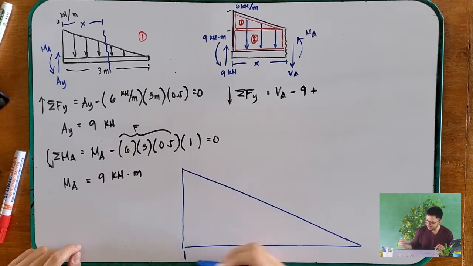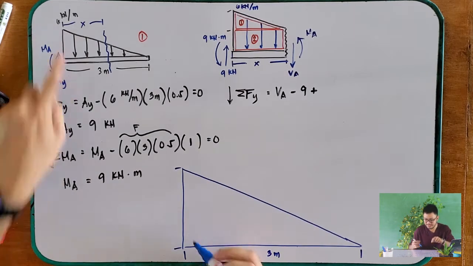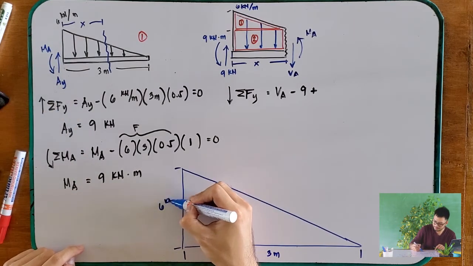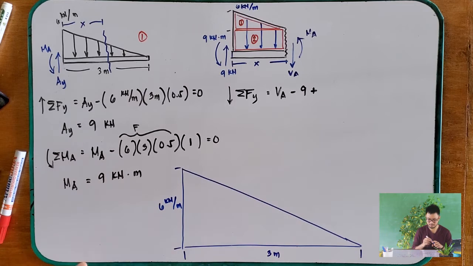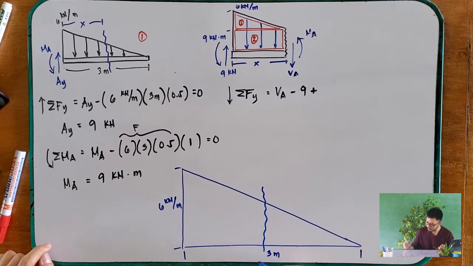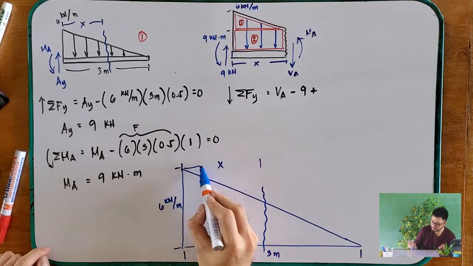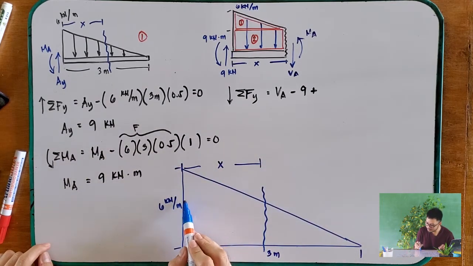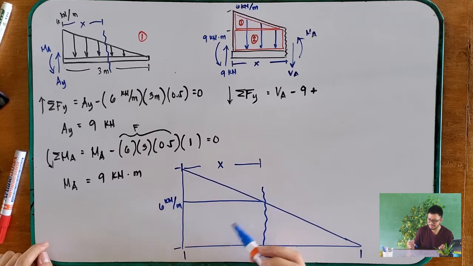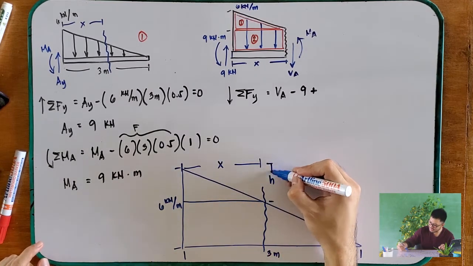And we know that the length of this triangle is 3 meters. And the height of this triangle is 6 kilonewton per meter. But since we cut it right here, and then we give this distance as x, and we have this triangle right here, so we are now looking for this height.